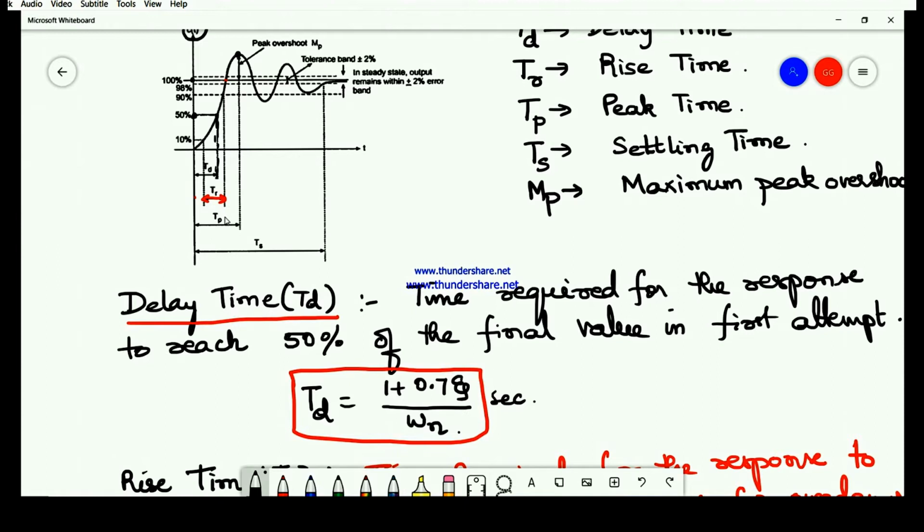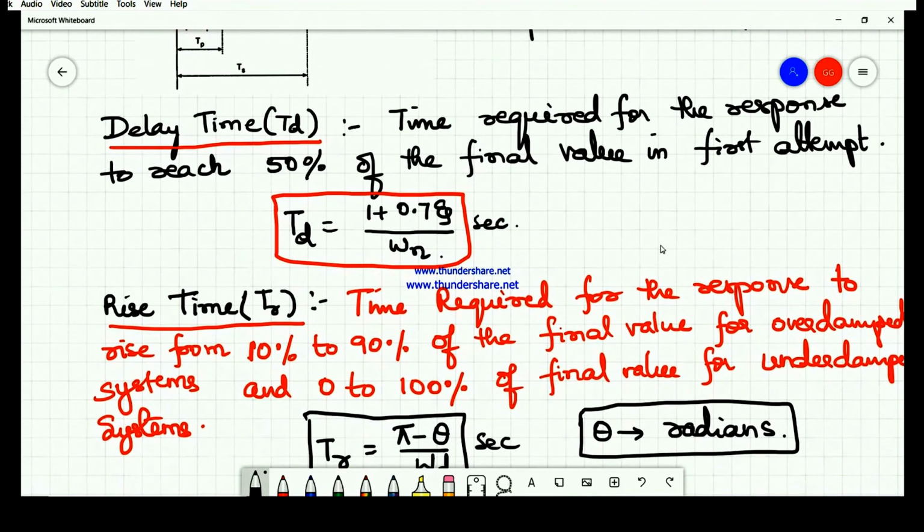So the time taken to reach that peak is what Tp is. Tp is the time to the maximum peak overshoot, which is measured from the 100% output line, as you can see in the curve.